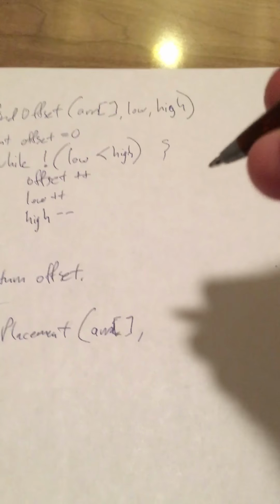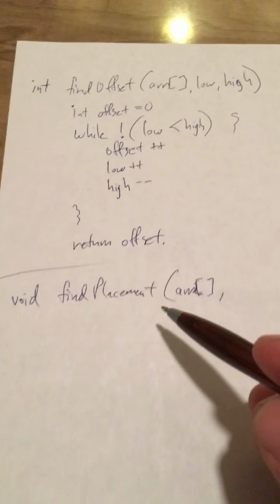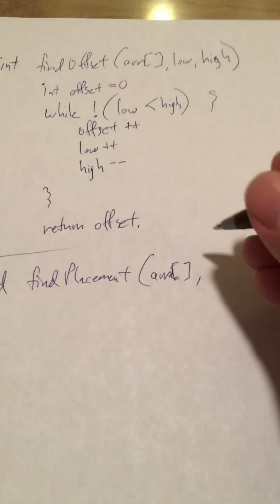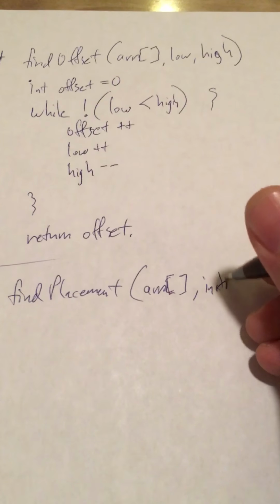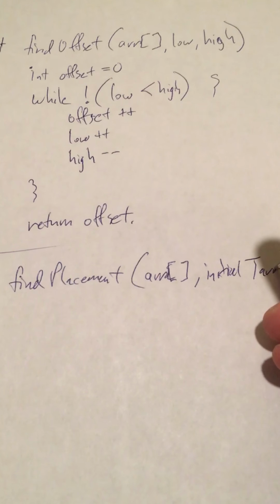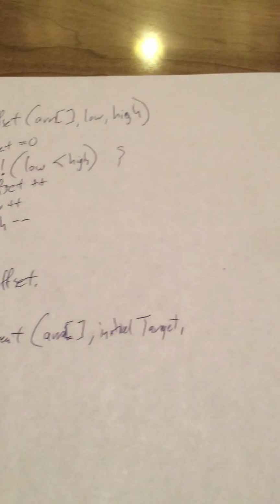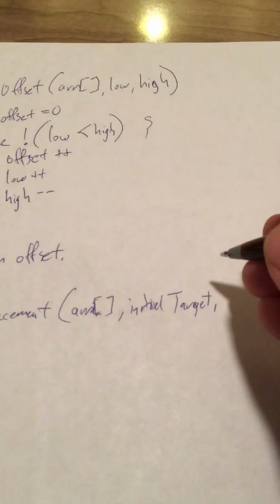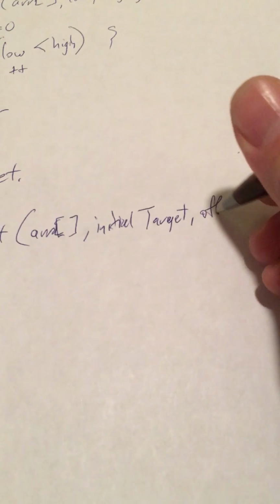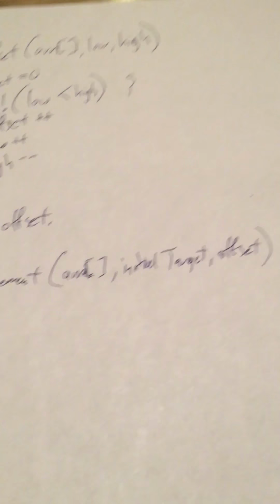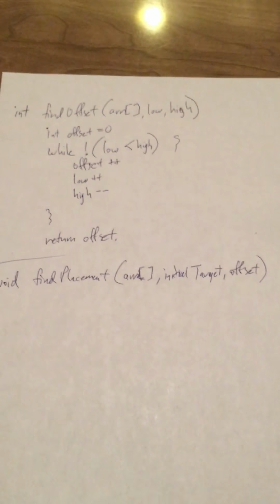So we have to find that out. So in find placement, we'll toss in the array. We'll toss in our initial target, which is what the problem asked for, whether find me the third thing or the fourth thing or whatever, and then our offset. Sorry, I'll try and keep this in focus.